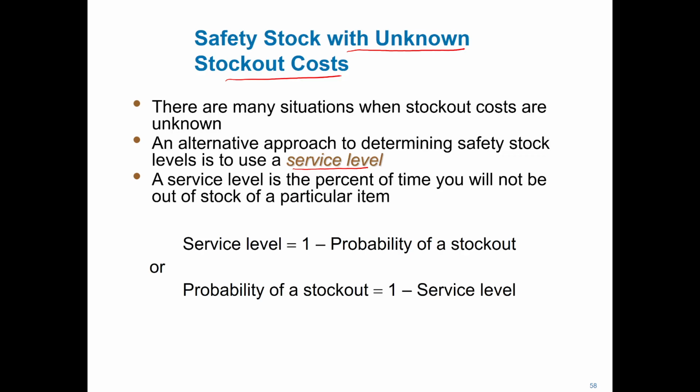We define a service level, and according to that we can know how many units we have to keep extra as safety stock, because the stock out costs are not known. Service level is equal to 1 minus the probability of stock out. If we define a service level of 95%, this means that the probability of stock out is 5%. If we define a service level of 99%, then of course the probability of stock out is only 1%, etc.